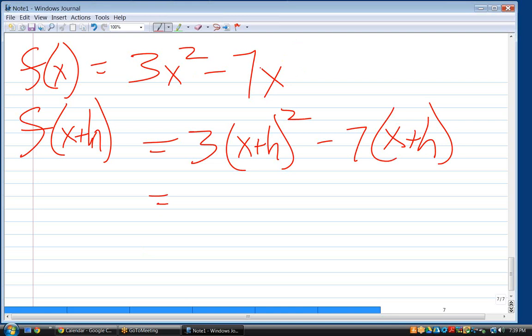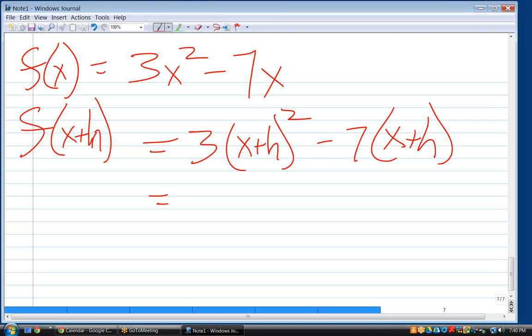This was the whole function, right? 3x squared minus 7x? Yes, so it's f of x plus h minus f of x over h. Let's first figure out what f of x plus h is, then we'll subtract f of x, and then put it all over h. It's best to do these one step at a time. So what is f of x plus h?